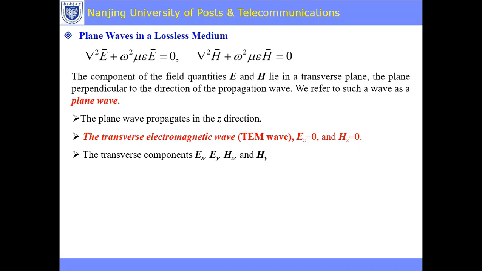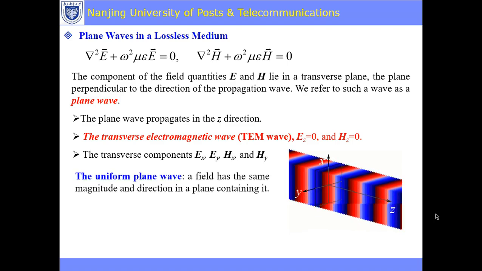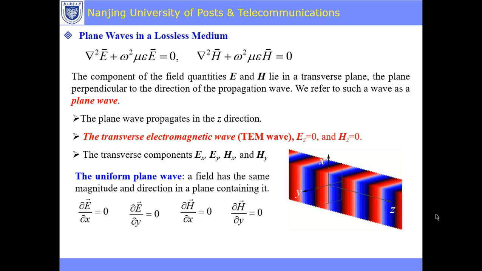So for the transverse electromagnetic wave, E of z is equal to 0 and H of z is equal to 0. The transverse components Ex are like this. This is a uniform plane wave.